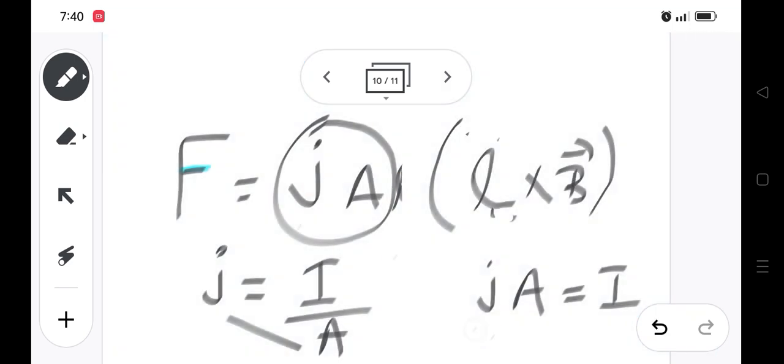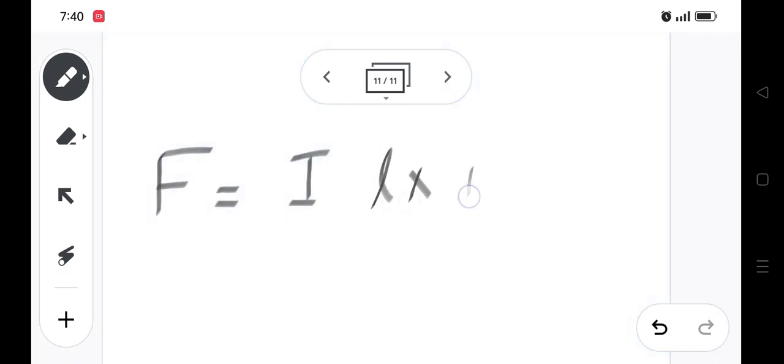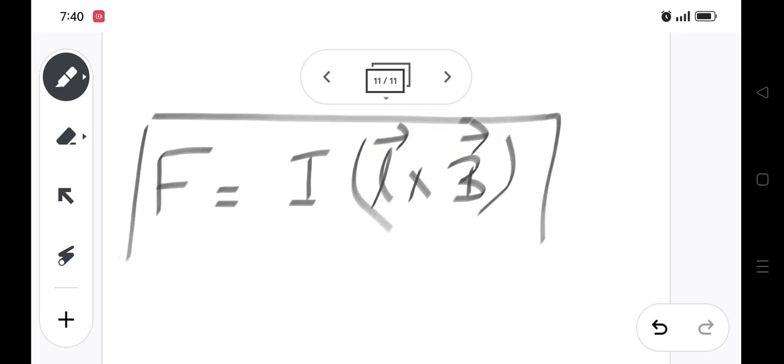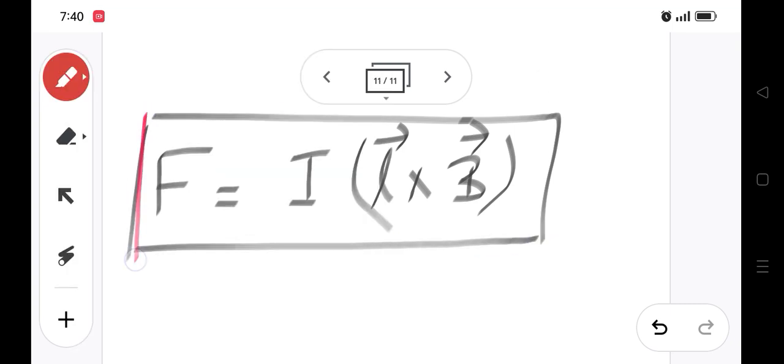J into A equals I. So what remains is I L cross B. This is the equation to find the magnetic force on a current carrying conductor. F equals I L cross B.